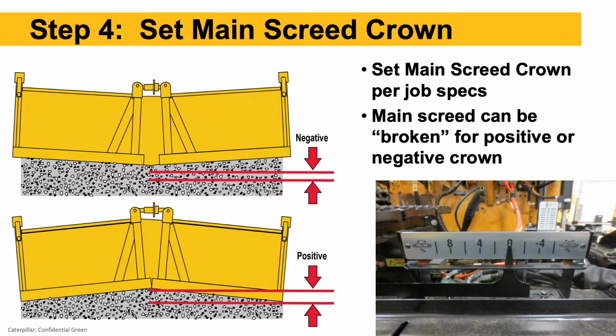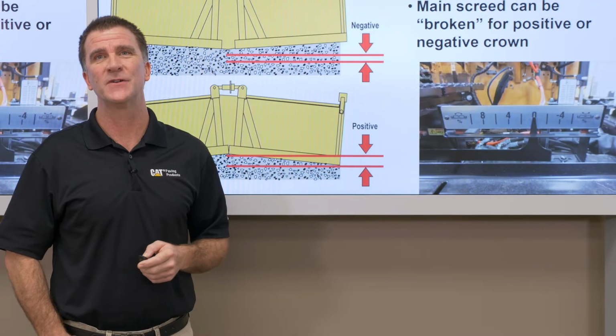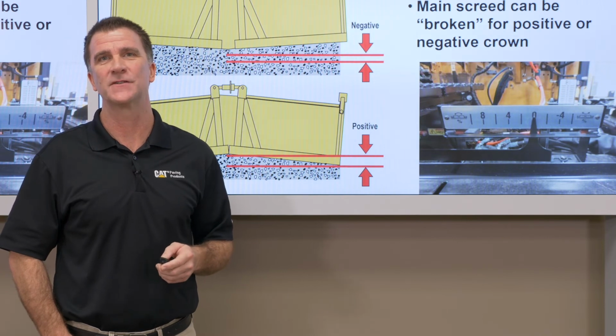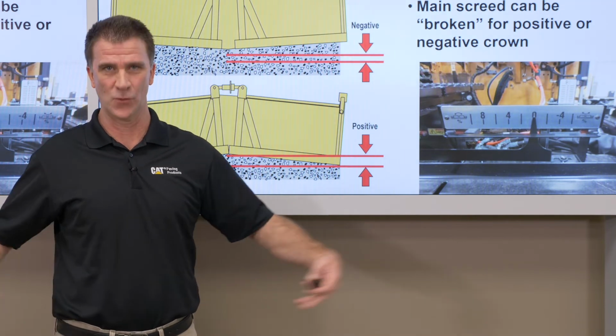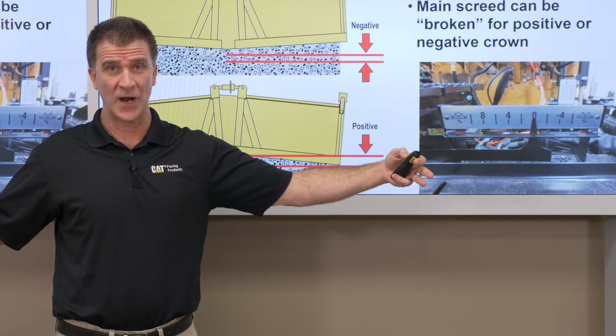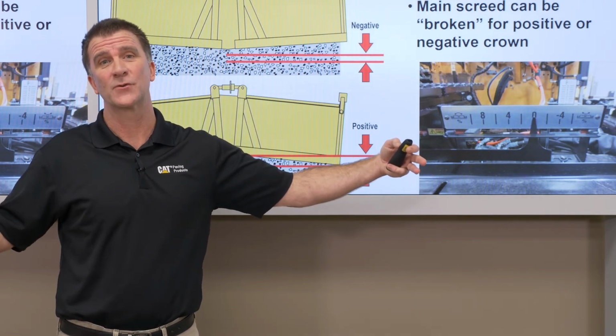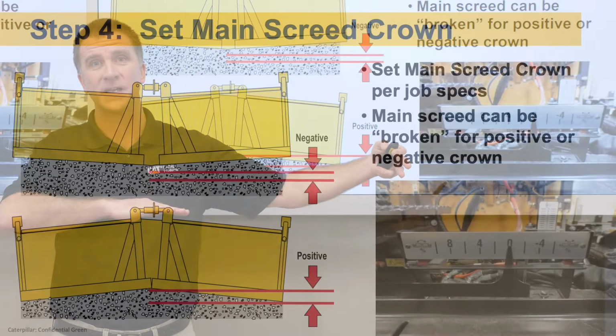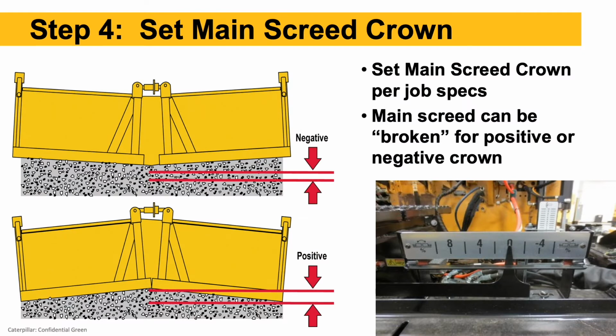And again, that's for drainage from the center of the roadway, depending on what we're paving that day. A lot of times we're just paving flat, so we have 0 crown in the center of that screed. So we may have a 12-foot driving lane. We're not going to have crown in the center of that driving lane, so in that example, we would just have 0 crown or flat.